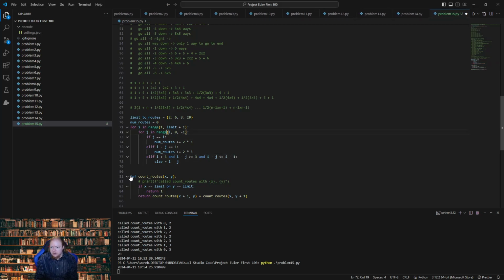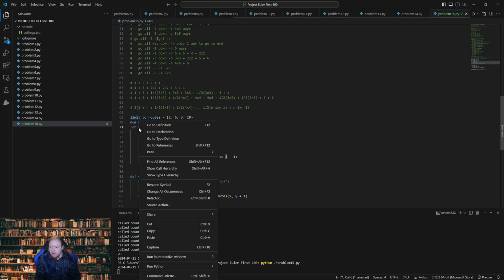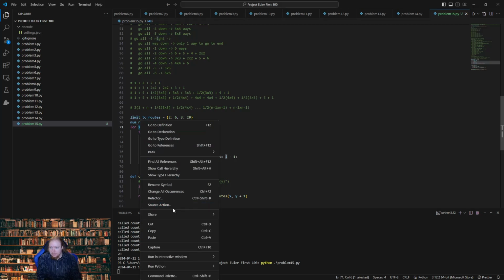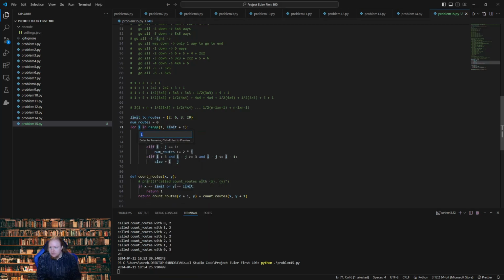I am going to rename this variable because it is confusing me. Okay, that did not do what I wanted. Rename.